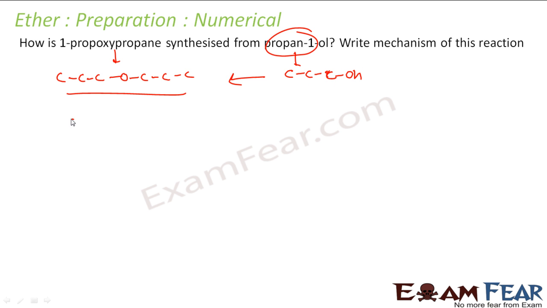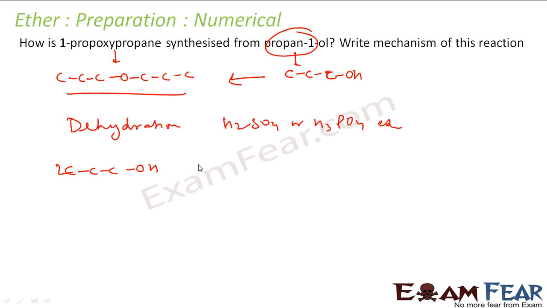That means if I go for a dehydration in the presence of some sulfuric acid or H3PO4, anything I can take, I'll get this reaction, right? So I'll take 2 of these with some H plus, and I'll get what I want, that is 1-propoxypropane.